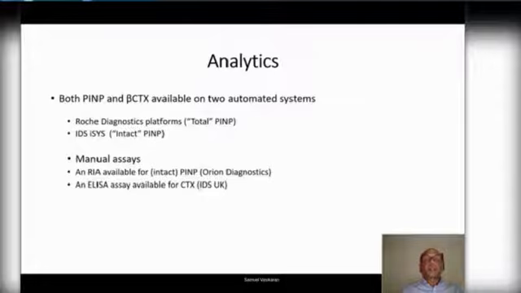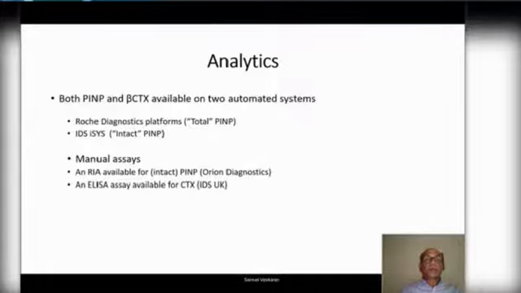Total P1NP consists of intact P1NP plus monomeric fragments. These fragments accumulate in renal failure, and therefore the measurement in renal failure by a total assay gives artifactually elevated P1NP levels, whereas the intact P1NP is not affected by renal failure.